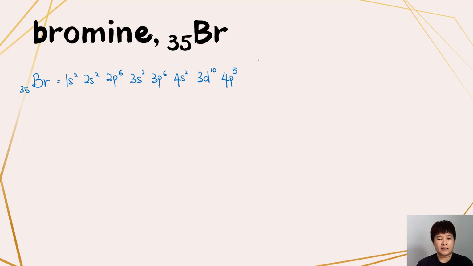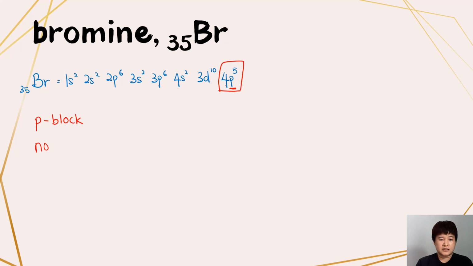So that is your 35: 1s2, 2s2, 2p6, 3s2, 3p6, 4s2, 3d10, 4p5. So the last electron is located in the 4p5. Therefore, bromine is in the p block of the periodic table.